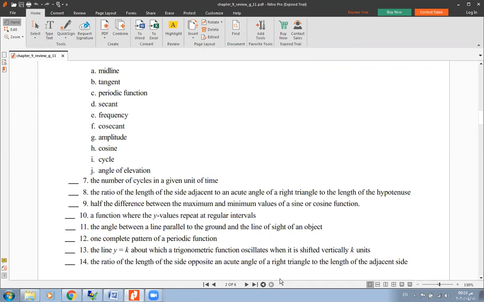I'm going to Al-Walid. Okay, Al-Walid, can you read number 7, please? The number of cycles in a given unit of time.